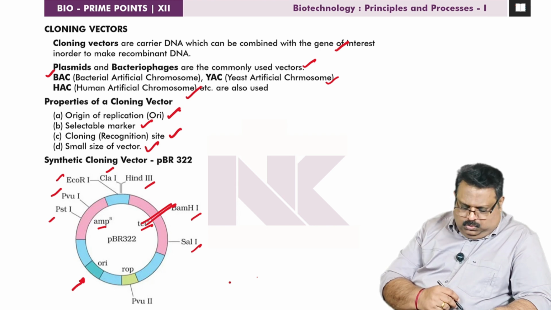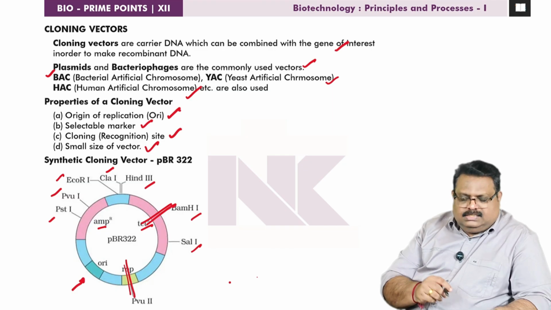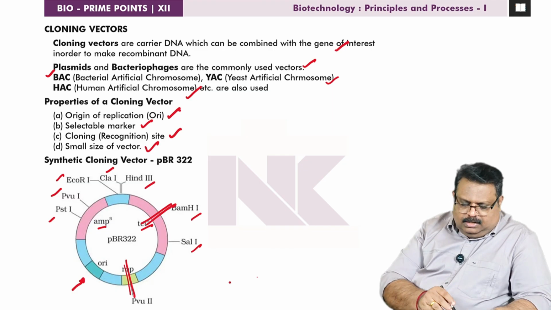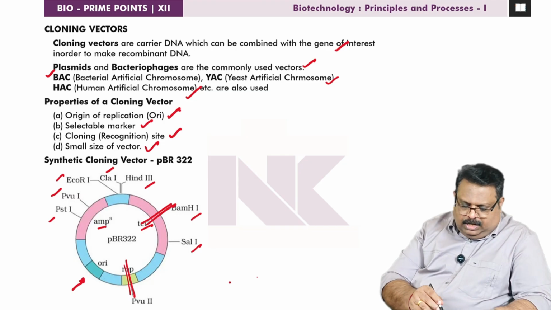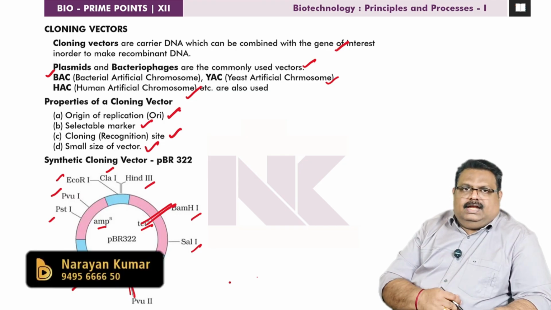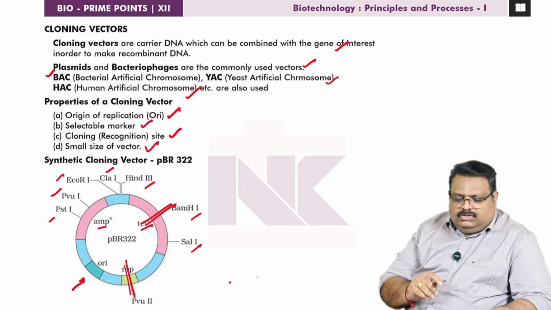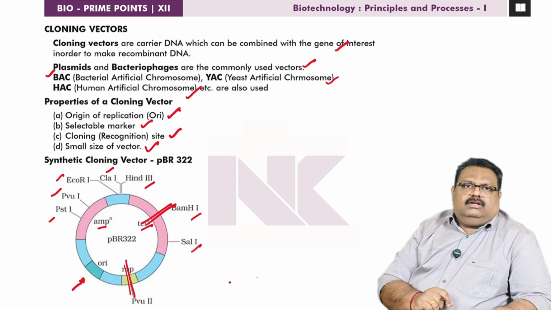PvuII will be cutting pBR322 at this site. The site at which the cloning vector is broken by a particular restriction enzyme is designated here. That means by using this pBR322, we can use different types of restriction enzymes. Okay, this is a synthetic cloning vector. So these are the prime points of the first session of the biotechnology chapter.